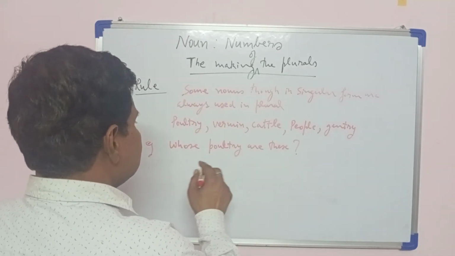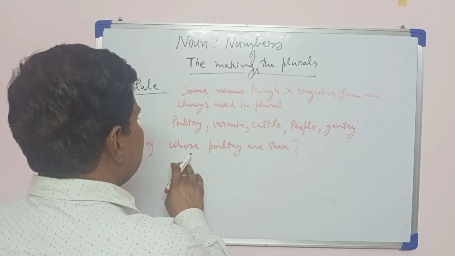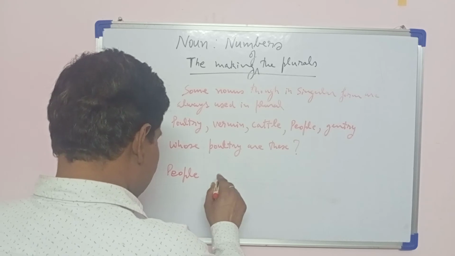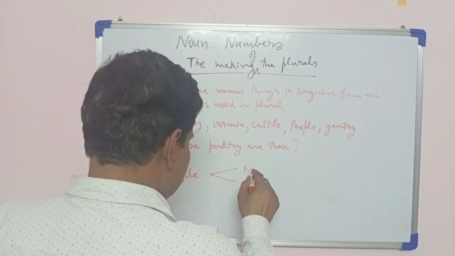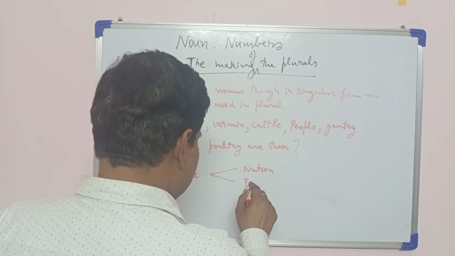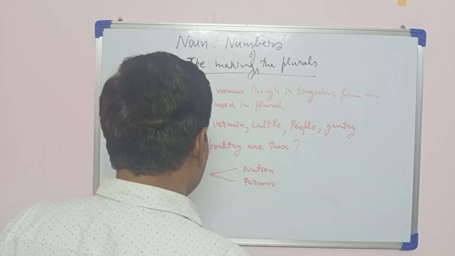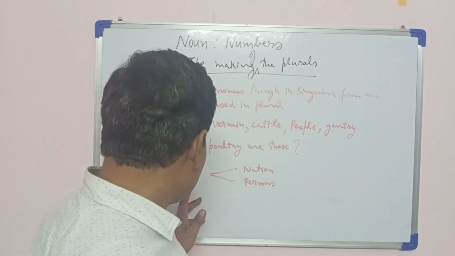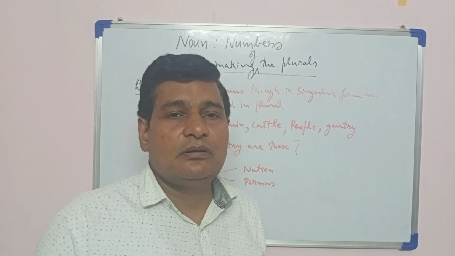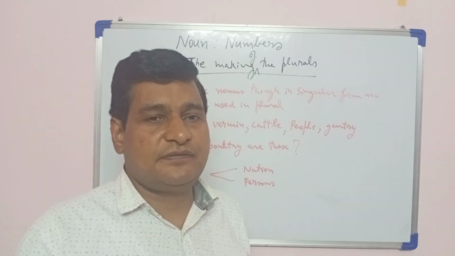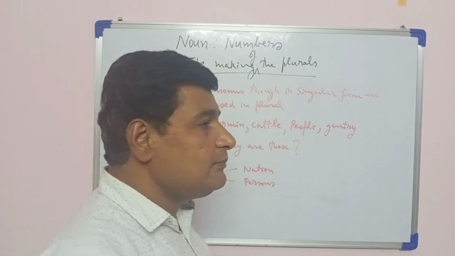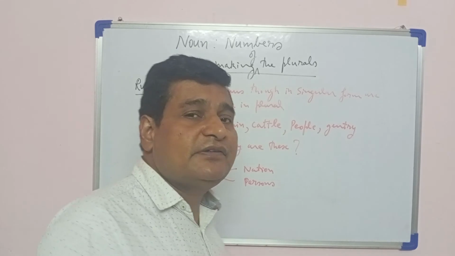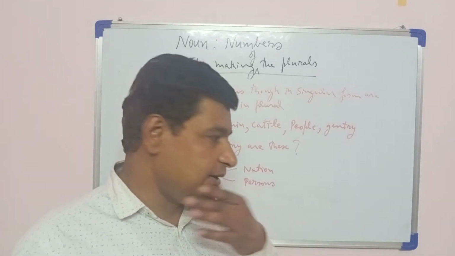So let's understand through this example. People means nation and people means persons. When people is used as plural, peoples, it means nations. When it is used as singular, people, it means nation. And people means persons also. So it is used in that way.